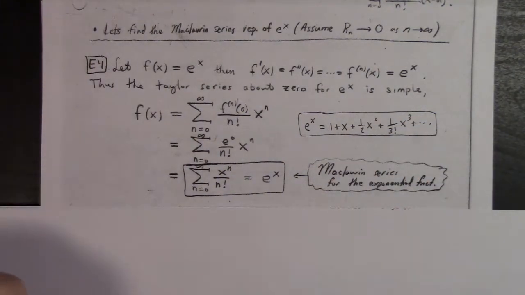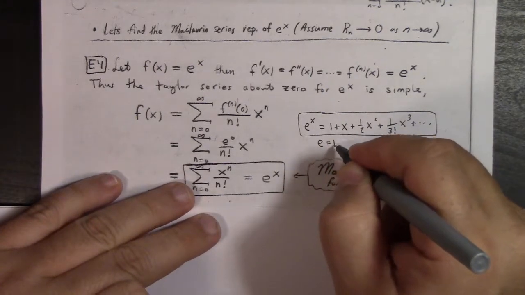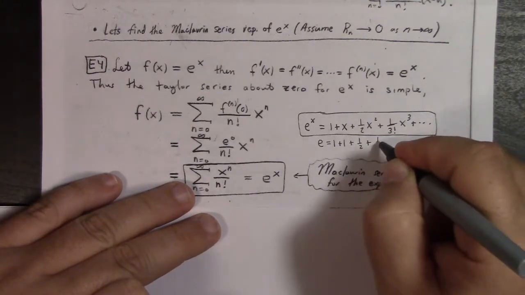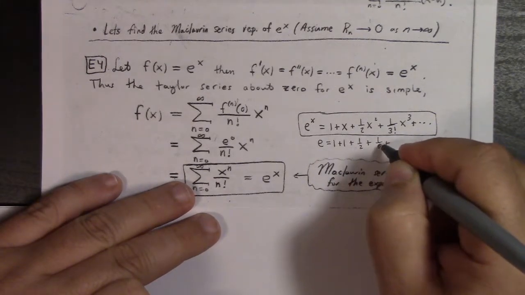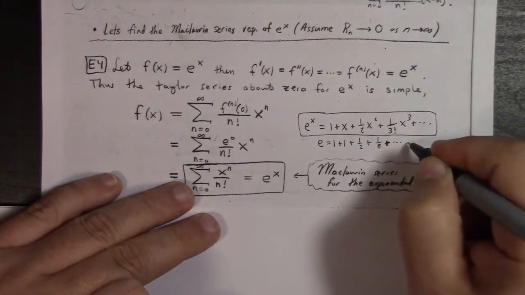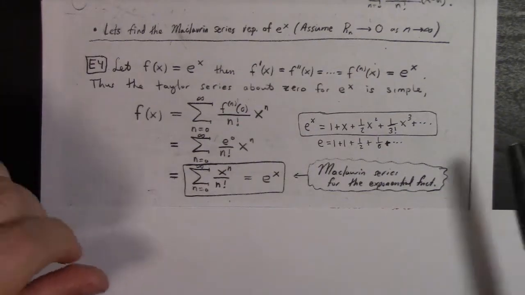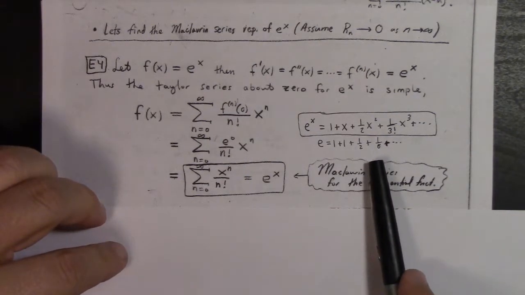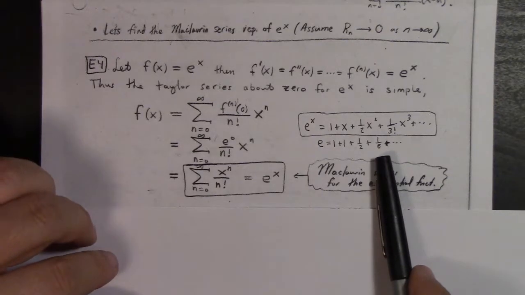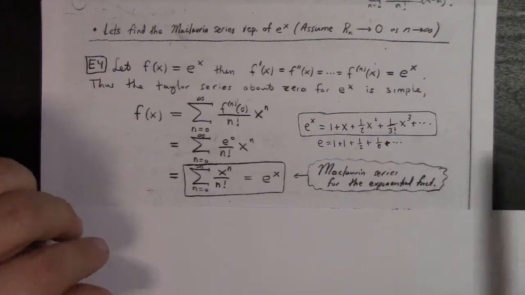If you do e to the 1, this tells you that the number e will be equal to 1 plus 1 plus 1 half plus 1/6 plus dot dot dot, and it's pretty easy with just a little bit of arithmetic to see why you get e. You can already see that it's 2.5 plus 1/6, which is 0.1666, so you already got 2.66, which is awful close to 2.71.